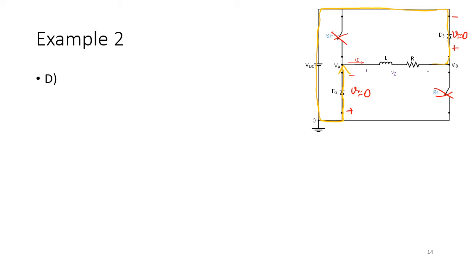What will be the voltage of VB? What is the voltage of VB? Exactly. What is the voltage of VA? VA. Okay, it's 0 anyway.